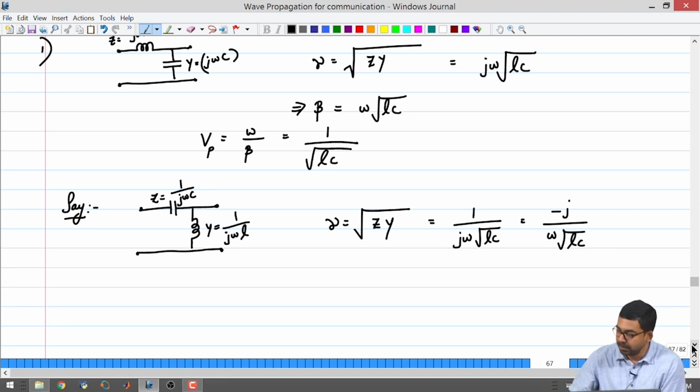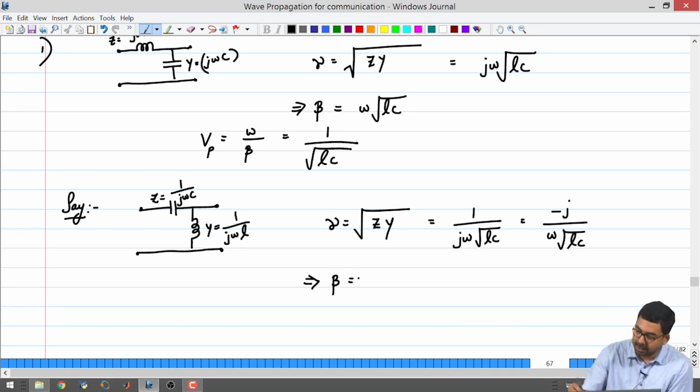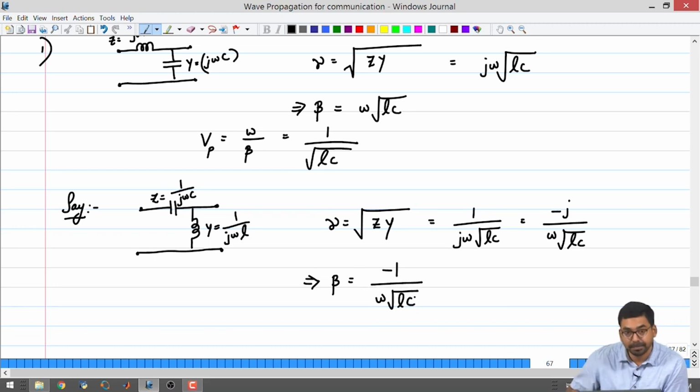So, this means I have only an imaginary part, which means my phase constant is going to look like minus 1 divided by omega square root L C. The phase constant looks negative. We still do not know what to make out from this.